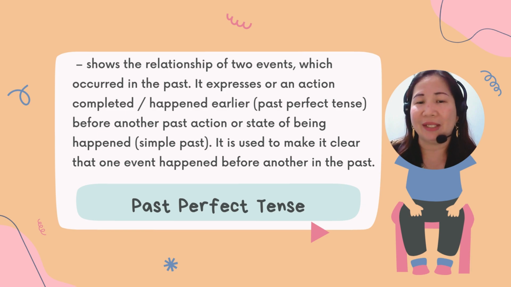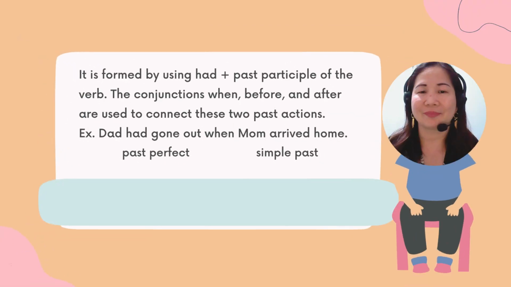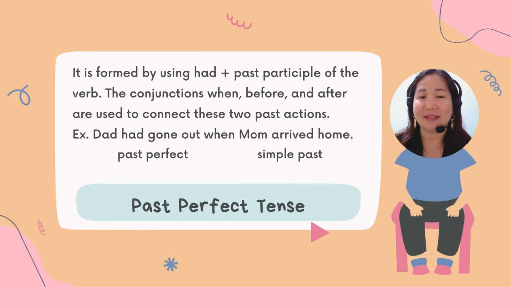It is used to make it clear that one event happened before another in the past. The past perfect tense is formed by using had plus the past participle of the verb. The conjunctions when, before, and after are used to connect these two past actions.